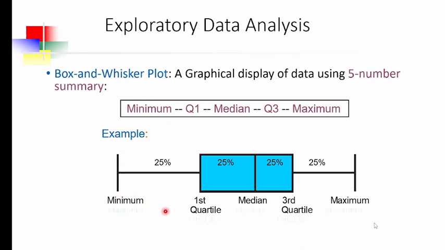Then the first quartile, the third quartile and the median are marked by the rectangular box, right? The median divides the rectangle into two parts. So it is 25% of the data here, 25% here, 25%, 25%. This is the box plot.